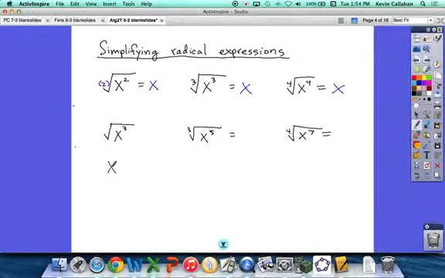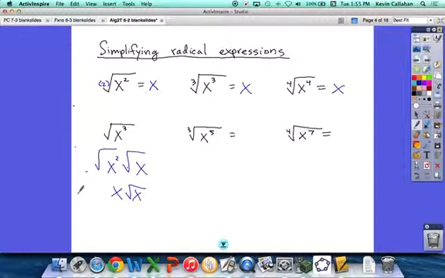So split it up into x squared times x. By our properties of exponents, is x to the third equal to x squared times x? Sure. So now we'll take the square root of x squared times the square root of x. The square root of x squared we already did. That's x times the square root of x.